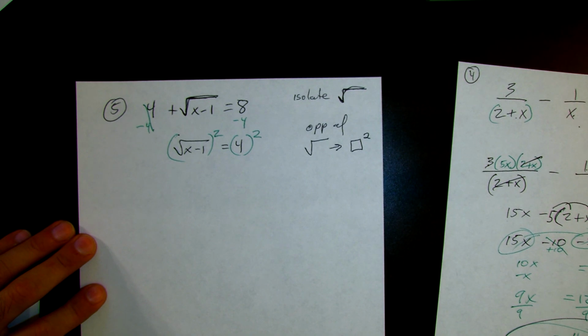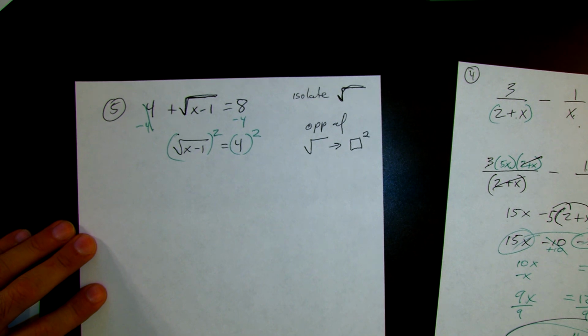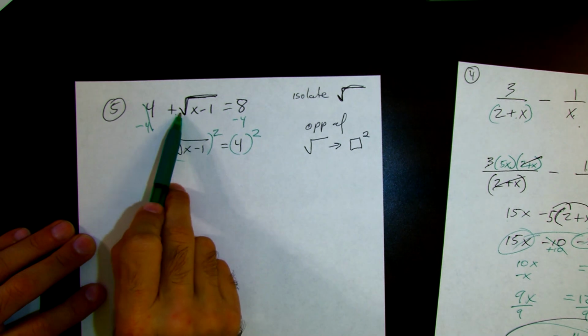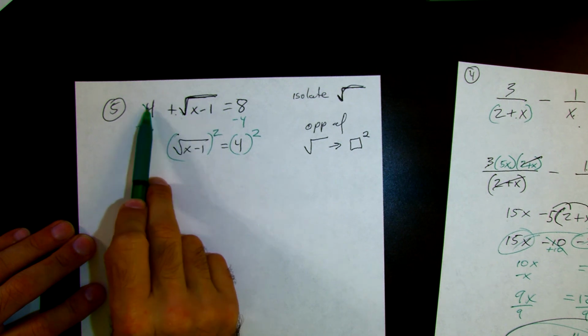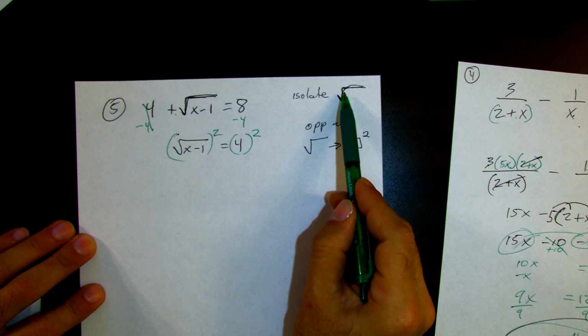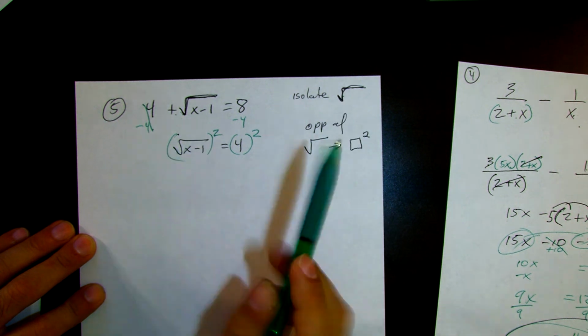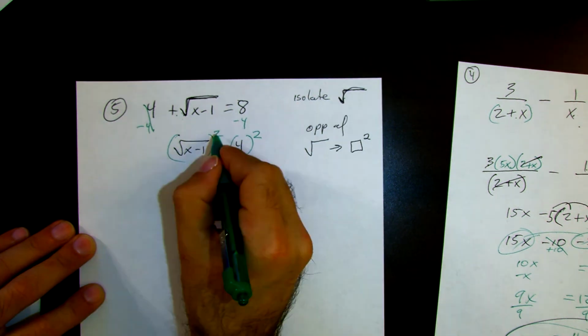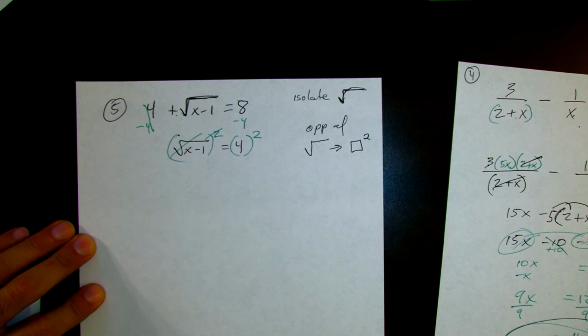As long as you do the same thing to both sides, it doesn't change the identity of the equation. The reason why I isolate the radical first is if I squared both sides, I'd have to include the 4 if I hadn't moved it over. So always isolate the radical first, and then when you square it, there's nothing left over or anything weird you have to do. So look, those are going to cancel.